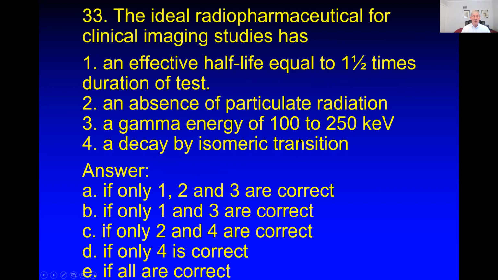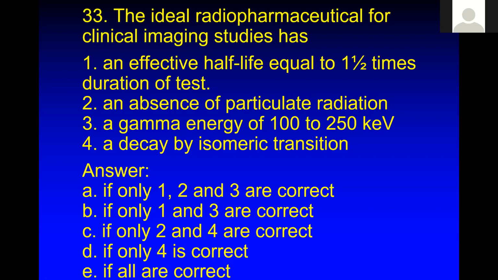Okay. The ideal pharmaceutical for imaging studies has, let's go down the list here. You just say true or false. A T effective equal to 1.5 times the test duration. True or false? True. Remember, these are diagnostic imaging studies. In the absence of particulate radiation, true.